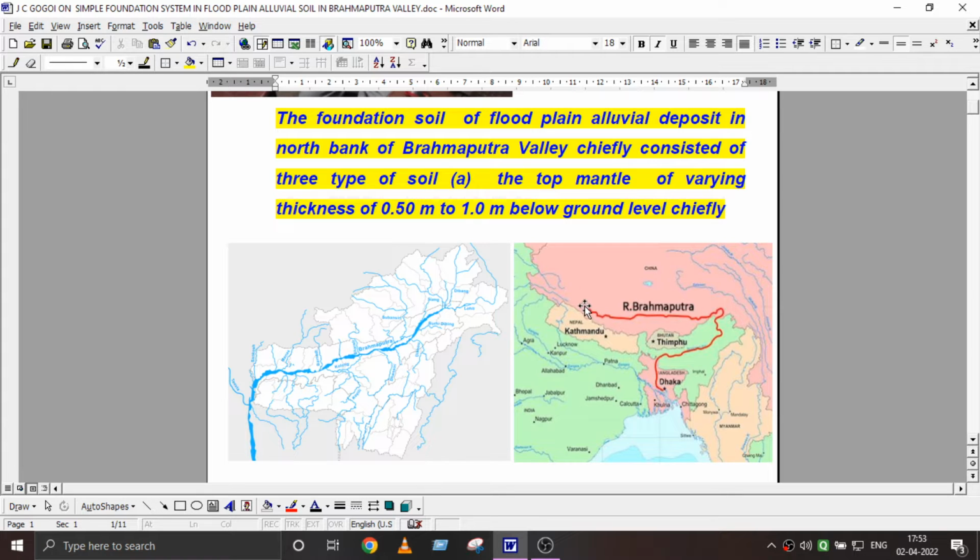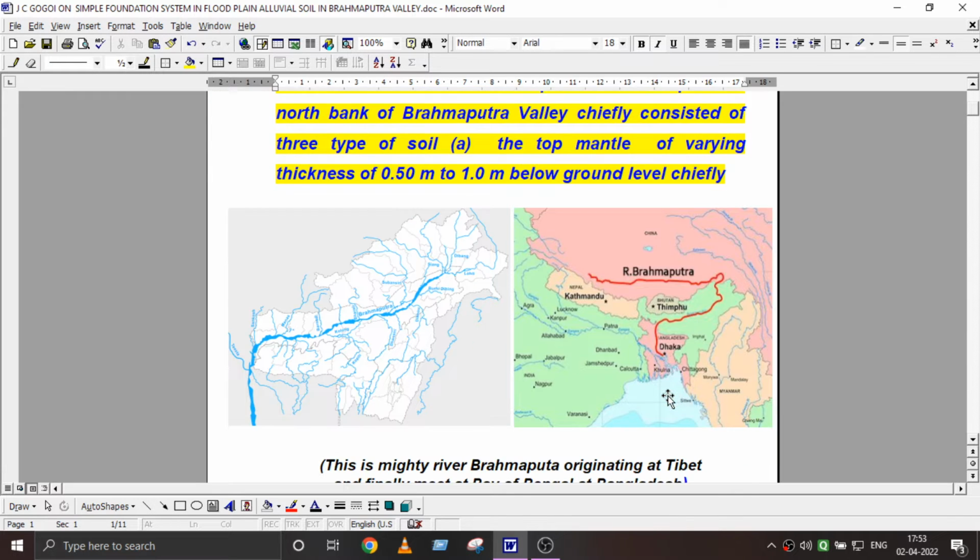And this is the river Brahmaputra. It starts from Tibet and enters Arunachal Pradesh, thereafter flows through Assam, then enters Bengal and Bangladesh, finally meeting the Bay of Bengal in Bangladesh.